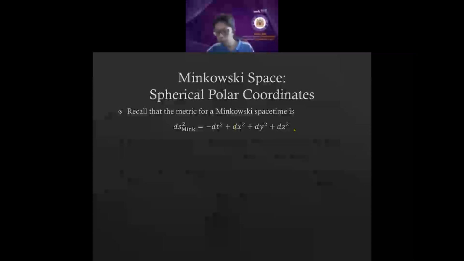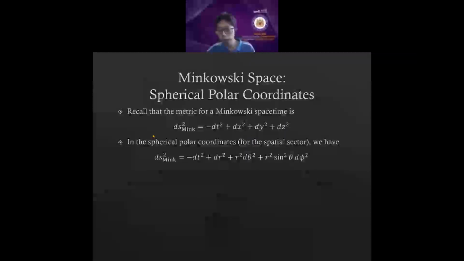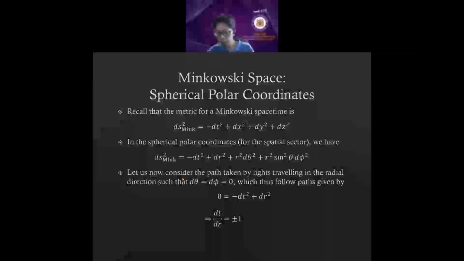Now for the spatial part, we can use spherical polar coordinates for the spatial sector to write it in this way. And now let's consider the path taken by light traveling in the radial direction only, so that there is no change in the theta and phi direction.